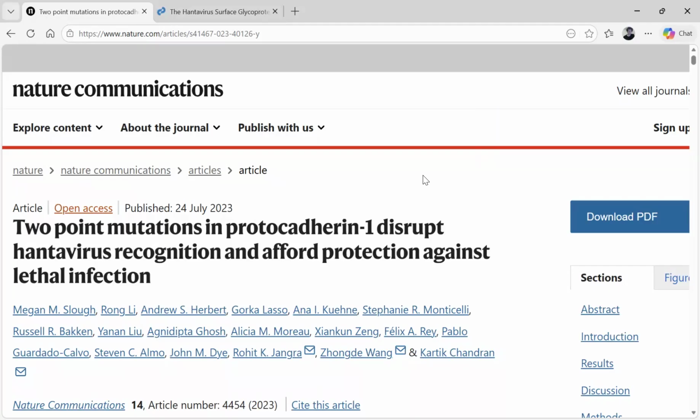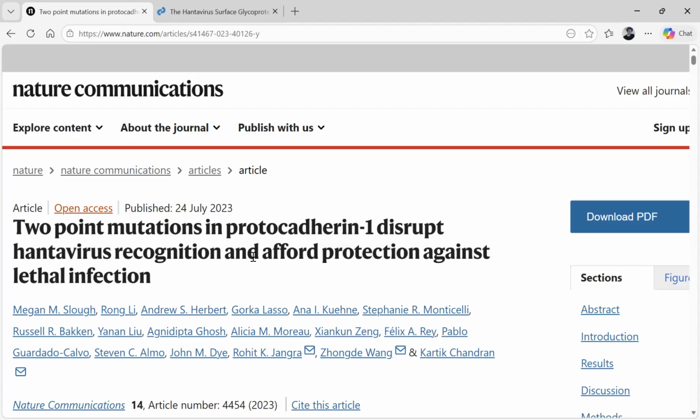Different types of cadherins allow for cells to sense its environment, to bind to other cells, and to create this cohesion, a connection. But other molecules and spikes on a virus can attach to a protocadherin and lead to incorporation into the cell.